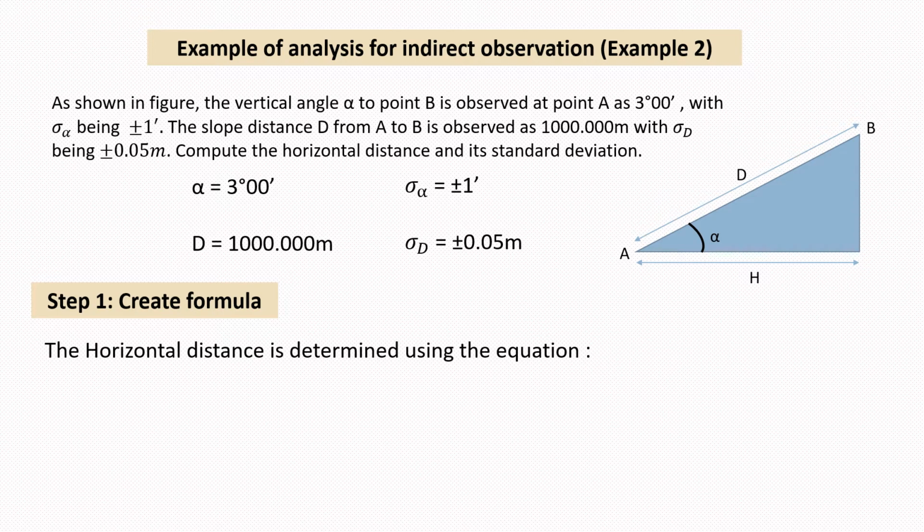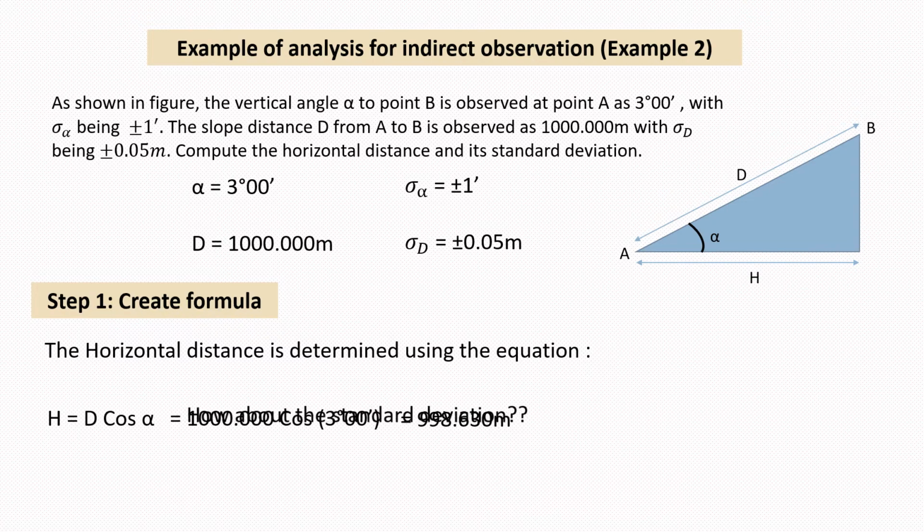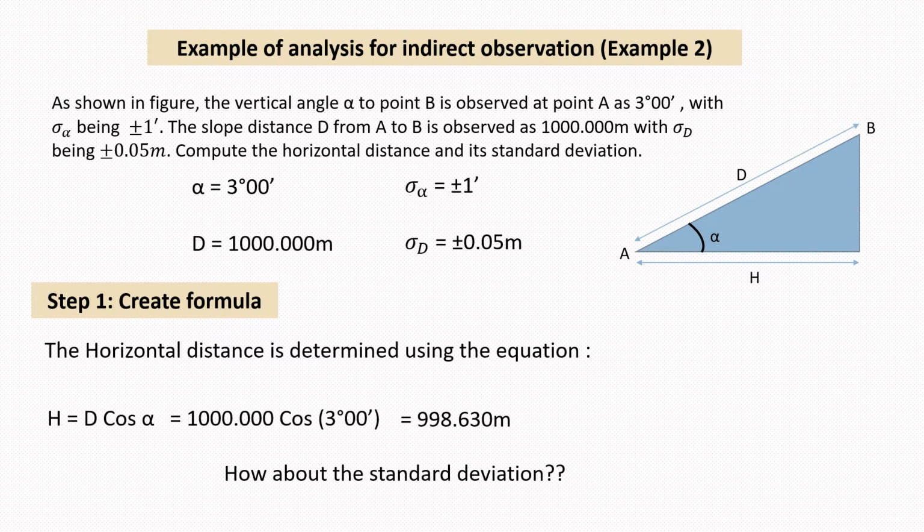The horizontal distance can be determined using the equation h equals d cos alpha. Solve the equation and the horizontal distance h is equal to 998.630 meter. How about the standard deviation or standard error of horizontal distance h?